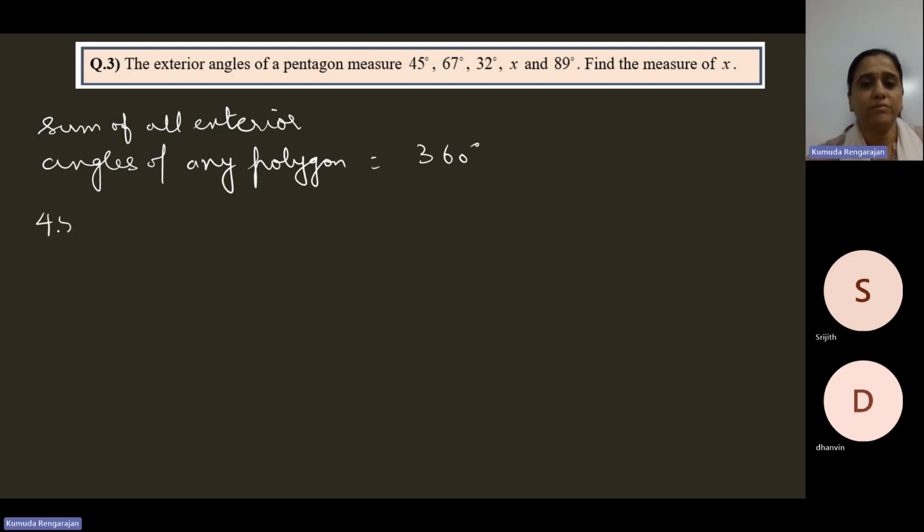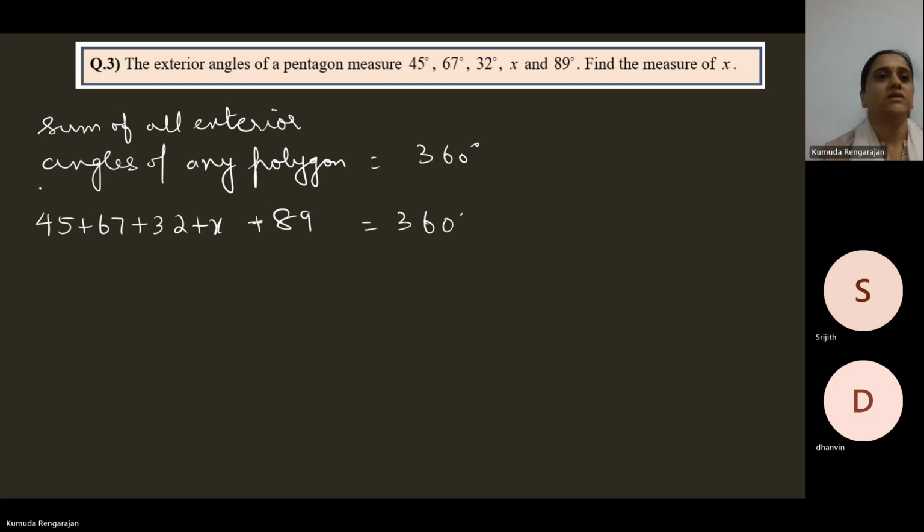So 45 plus 67 plus 32 plus x plus 89 is equal to 360. For any polygon, 3-sided, 4-sided, 5-sided, any number of sides, the sum of all the exterior angles is always 360 degrees.